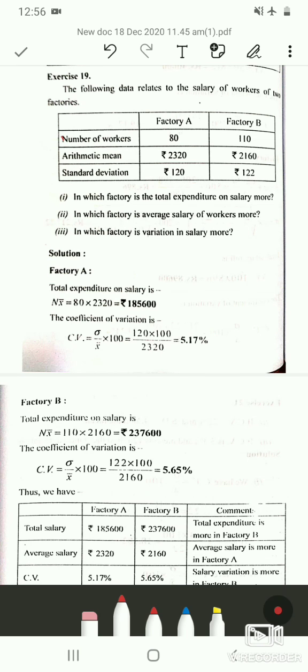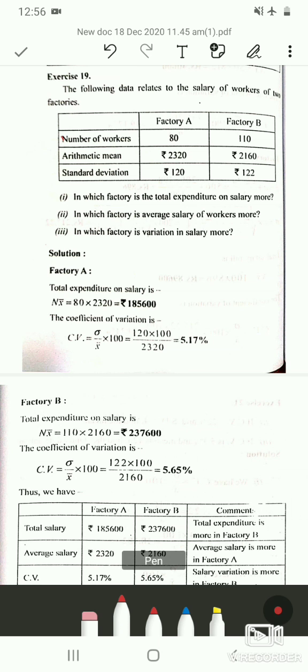So what all sub questions they have asked us: in which factory is the total expenditure on salary more? The next sub question is, in which factory the average salary of workers more, and in which factory is variation in salary more? So this is an easy problem.